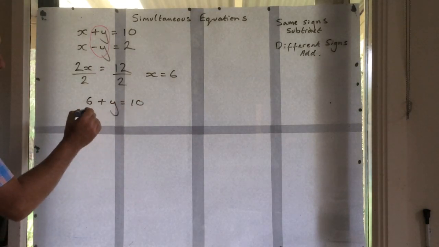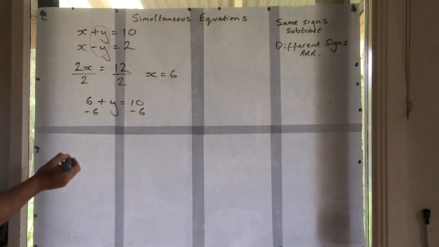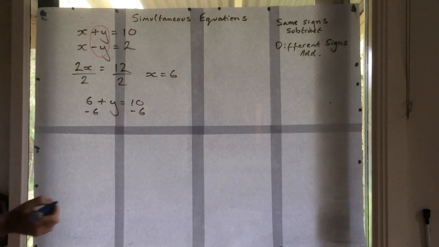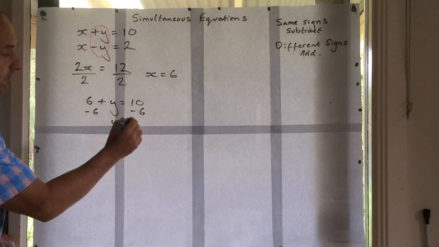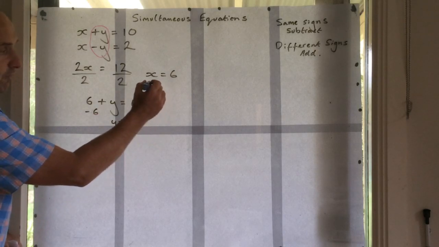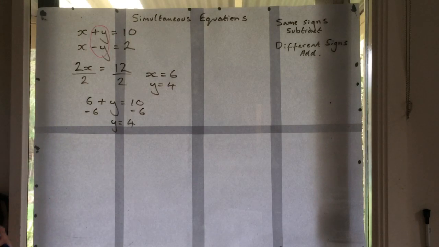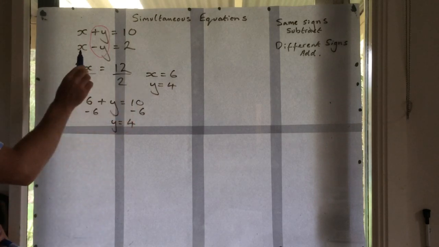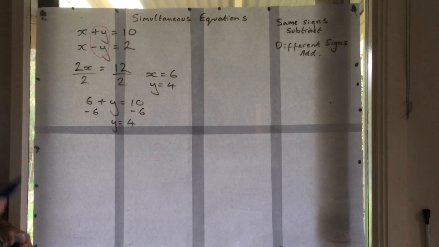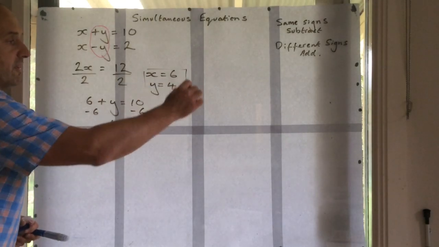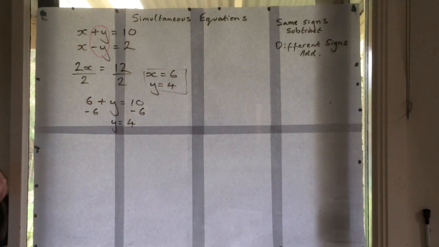We subtract 6 on both sides, and we're left with y equals 4. So x equals 6, y equals 4. Now we just try it out. 6 minus 4, yeah, it's 2. Good, we've got the answer to our simultaneous equation.